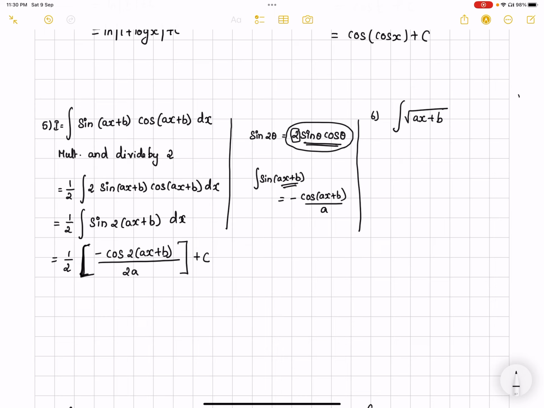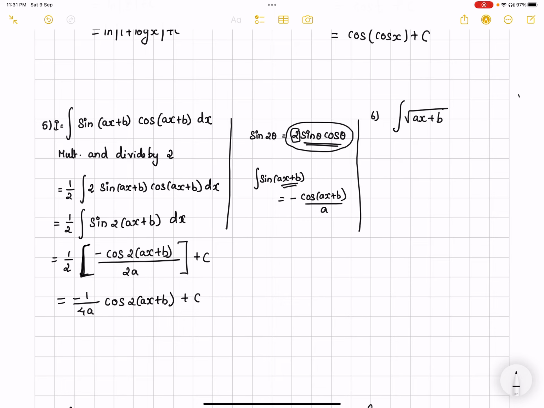That's it. Over. So this is gonna be minus 1 divided by 4a cos of 2 times ax plus b, then plus c. So that's it, done with my integration for this particular problem.